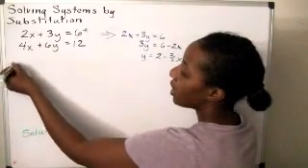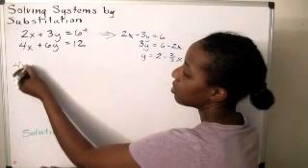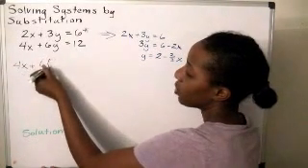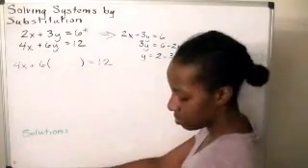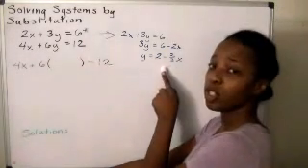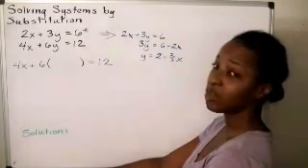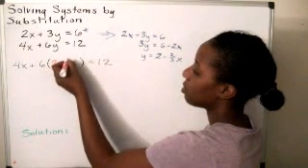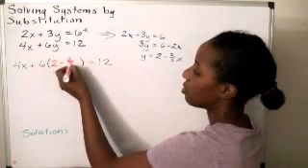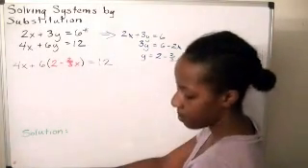So it's 4x plus 6, parentheses, and remember what my expression is, it's 2 minus 2 over 3 x. Okay.